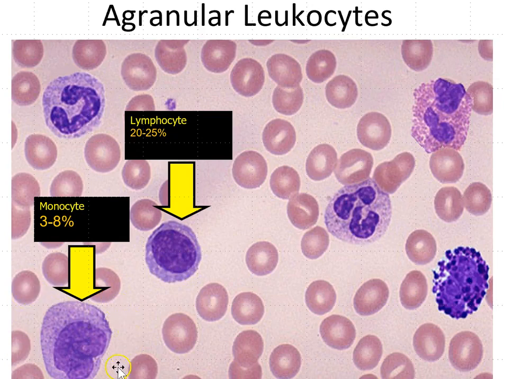Look at the monocyte. Monocytes are the largest blood cells, and their nucleus is kidney shaped or bean shaped. The lymphocyte can have two different sizes. Some of them can be very large, and some of them can be just a little bit larger than a red blood cell. But their nucleus is round and large, and you can see a rim of cytoplasm around the nucleus.